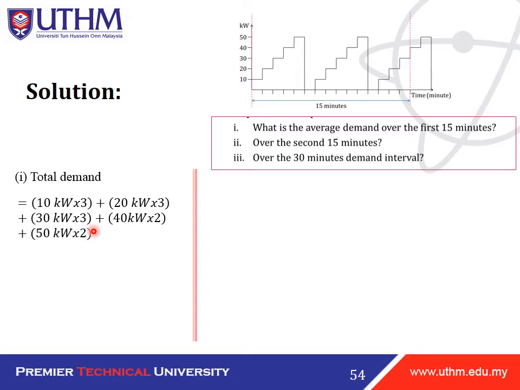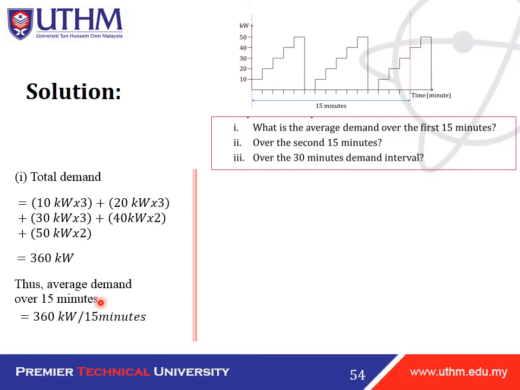Only 2 times for 40 kilowatt hour and 50 kilowatt hour, so we can calculate the total demand by 10 times 3 plus 20 times 3 plus 30 times 3 plus 40 times 2 plus 50 times 2. So we got 360 kilowatt. And then the average demand over 15 minutes can be calculated by total demand divided by the period. So 360 kilowatt divided by 15 minutes, we got 24 kilowatt.